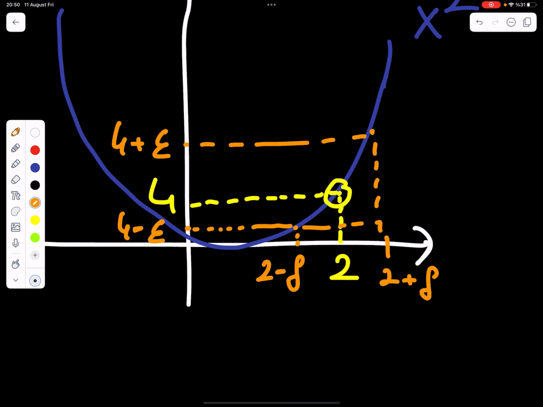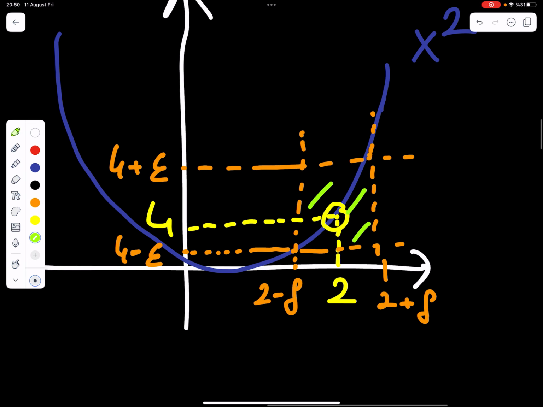And look, we get this square. So now we are analyzing this square. We say let's take a look at this square, what happens inside of this, and then we can say the limit exists inside of this square.